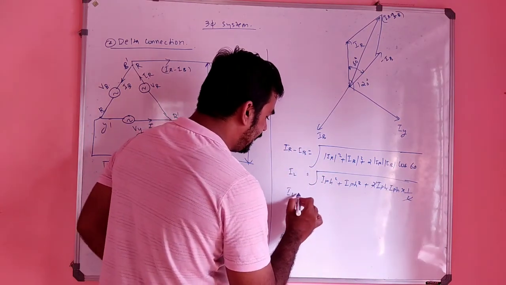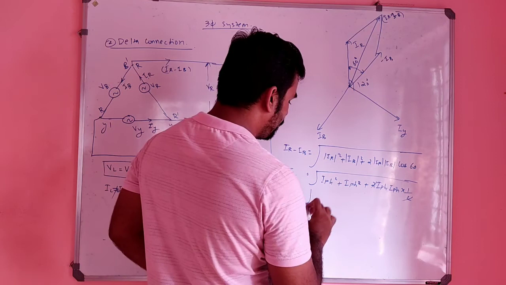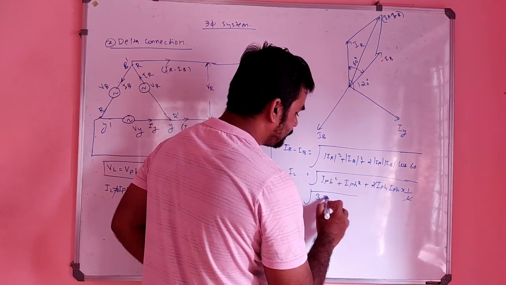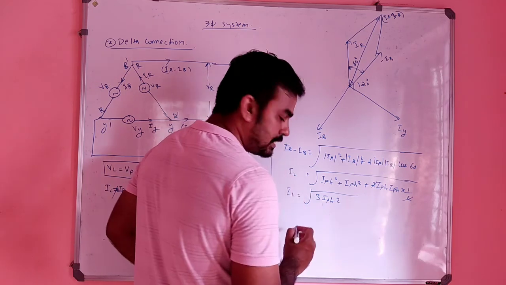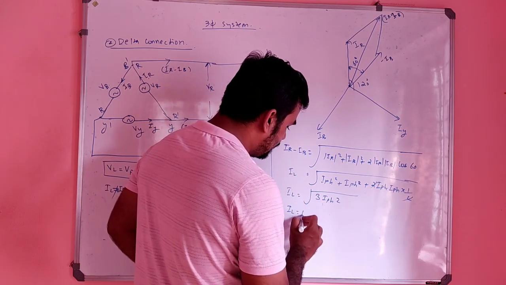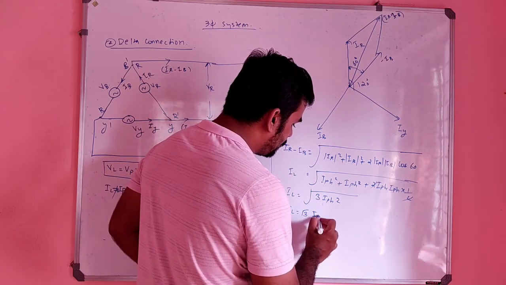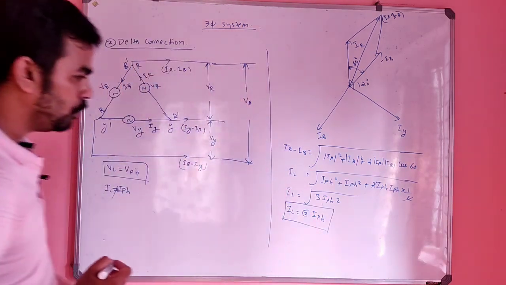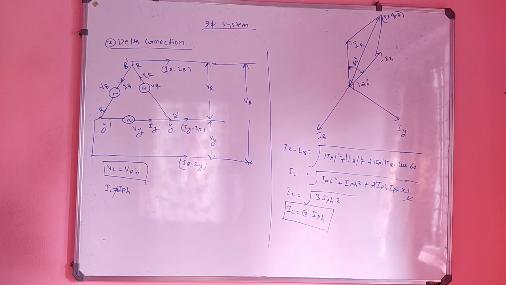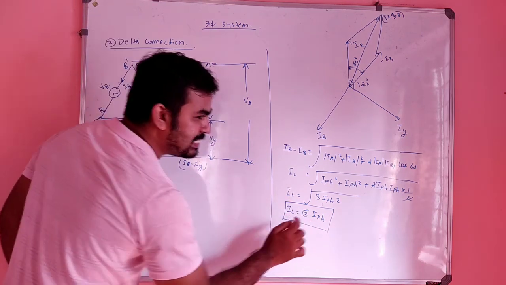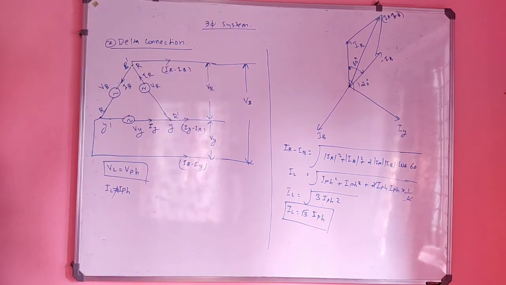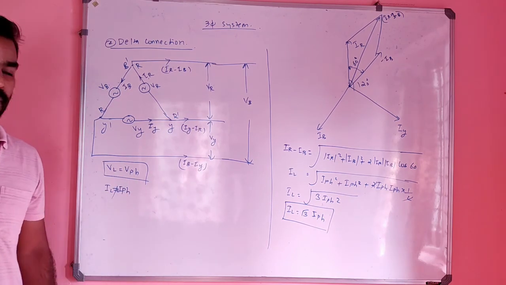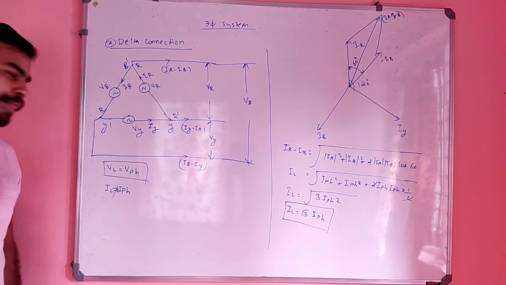So IL equals root 3 times I phase. This much difference is there in a delta connected system for currents: line current will be root 3 times the phase current.